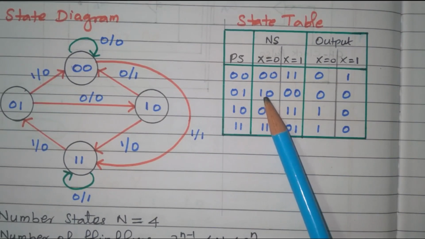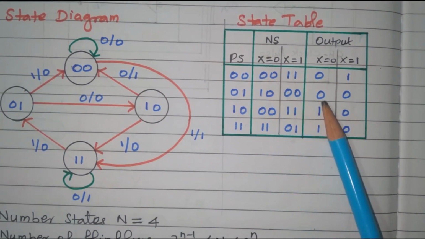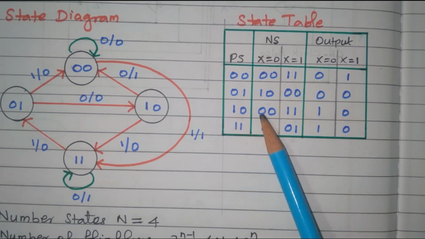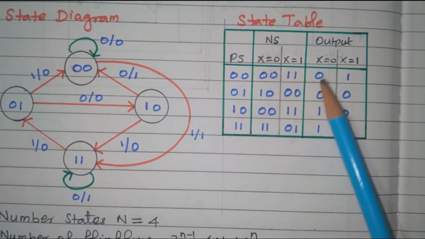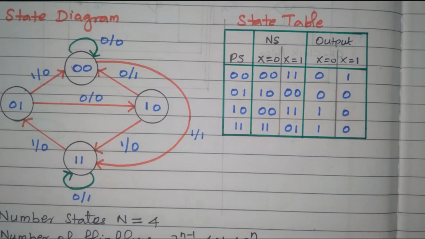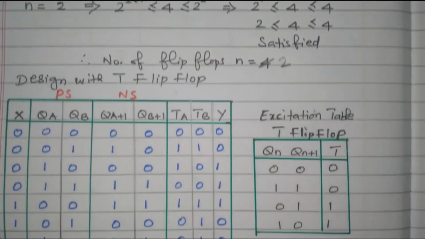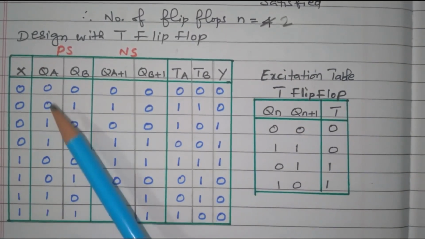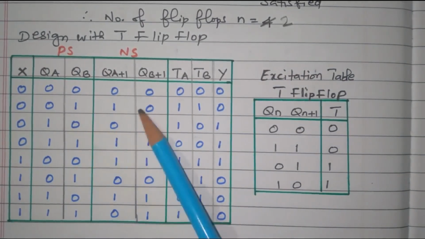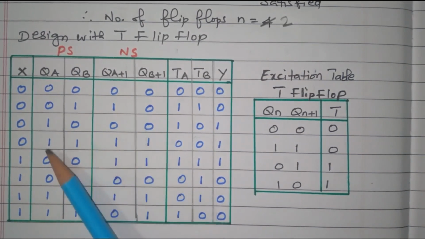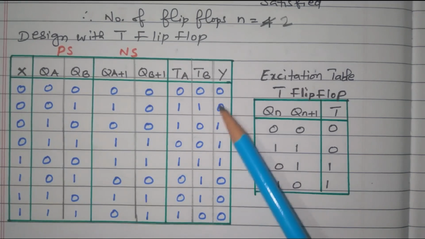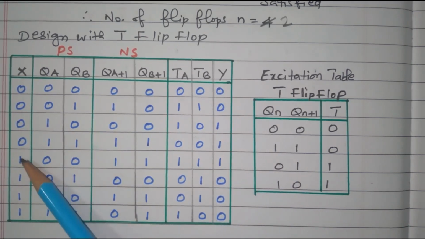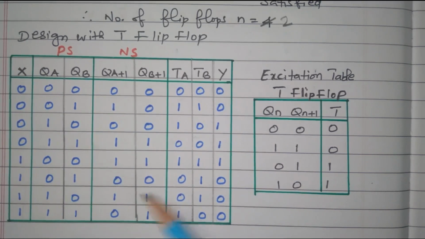Similarly, 0 1 to 1 0, input is 0, output also 0. 1 0 to 0 0, 1 1 to 1 1, for that the input is 0 and the output is 0 0 1 1. Similarly, if the input is 1, these are all the 4 states, and for that the output is 1 0 0, right.